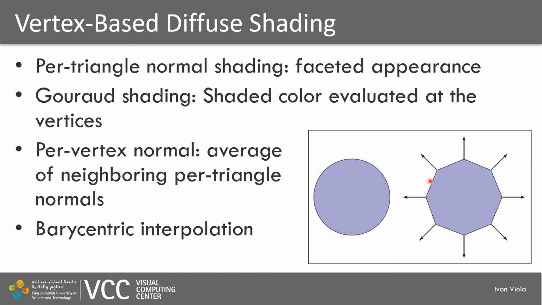So the color here will be exactly the same. And then there will be an abrupt change, and here will be another, the same color. So to avoid that, we are using this per vertex diffuse shading and then using barycentric interpolation for propagating this color smoothly through the triangle surface.